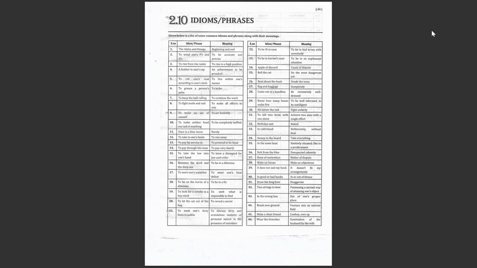Alpha is the first letter of Greek alphabet and omega is the last letter of Greek alphabet. So when you say alpha and omega, you're talking about the complete thing from beginning to the end, the entirety, the total. That is what alpha and omega means. Alpha and omega means beginning and end. And I also told you the origin. It is taken from Greek alphabet series, and it refers to Jesus.